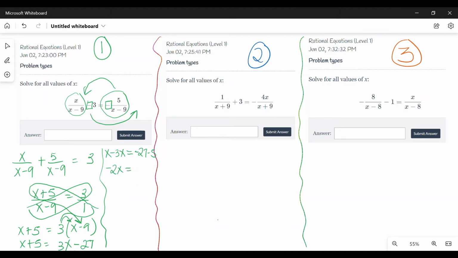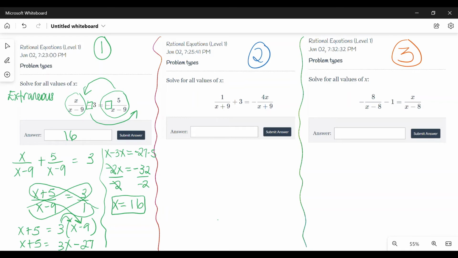Negative 27 minus 5, that would be a bigger negative, negative 32. Now I'm going to divide both sides by this negative 2 so that I could isolate the x. Alright, x is equal to negative 32 divided by negative 2, positive 16. Alright, therefore the answer will be 16.